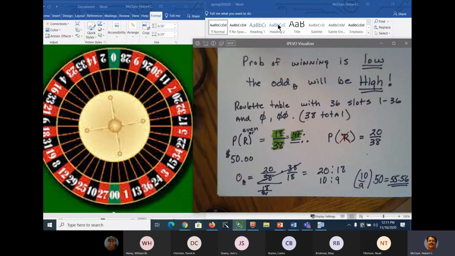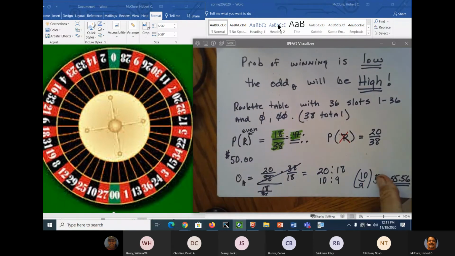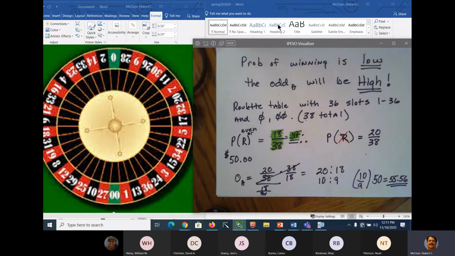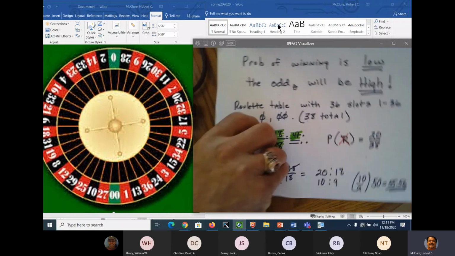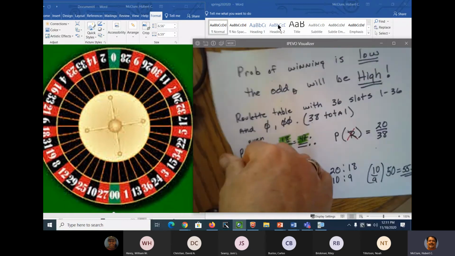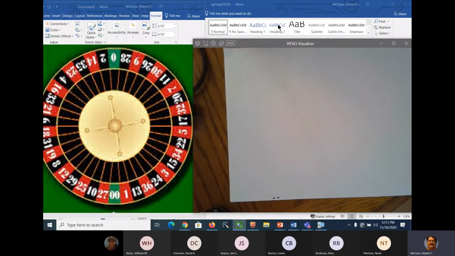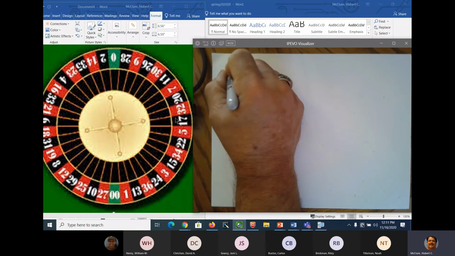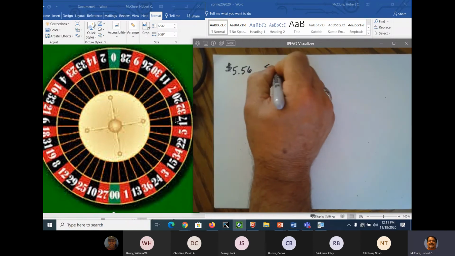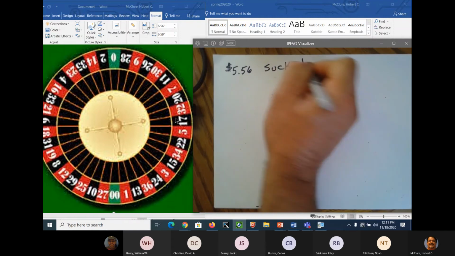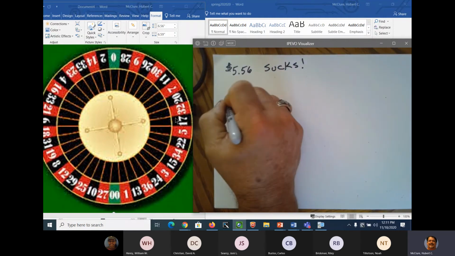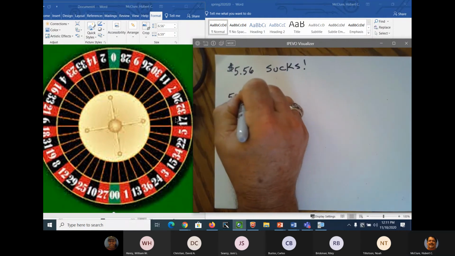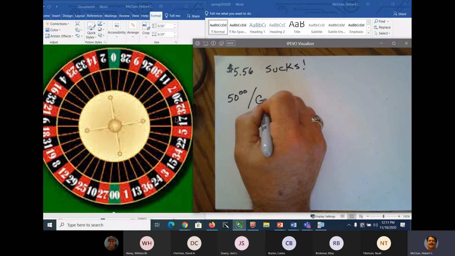Now, let's change it. Let's say that you bet $50 on green. Let's say you say, well, that sucks. $5.56 sucks. So I'm going to go and I'm going to bet $50 on green.